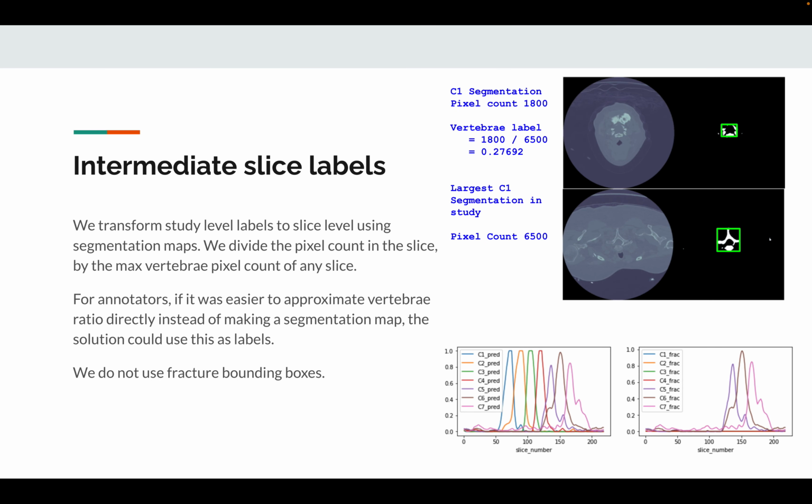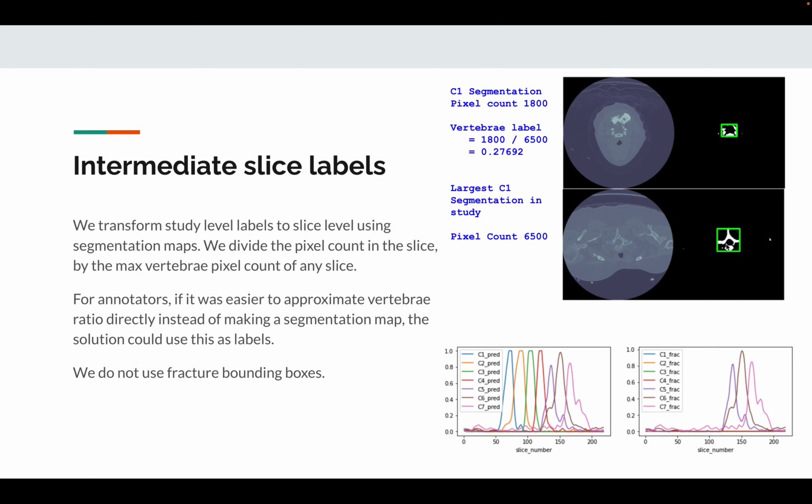A little bit to talk about these slice level labels that we use as an intermediate sort of training guidance. I'm going to talk about how they work quickly. So let's say we have a DICOM and these are two slices. This slice denotes, for example, the C1 segmentation.